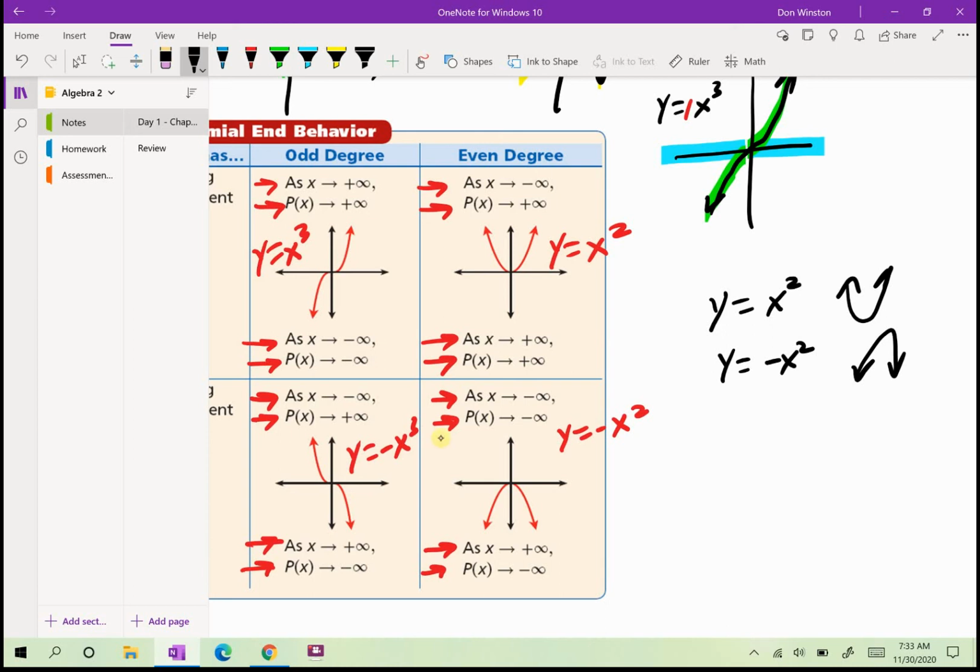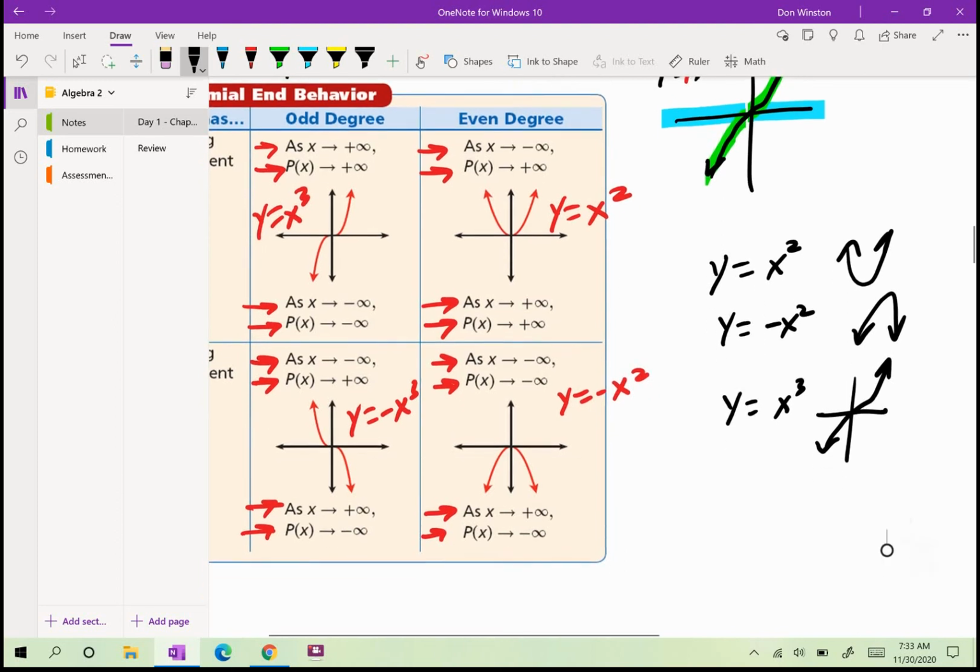Okay? And then the cubics. Y is equal to x cubed. Know what it looks like. Okay, as x goes to positive infinity, y goes to positive infinity. As x goes to negative infinity, y goes to negative infinity. And then if we had a negative leading coefficient, as x goes to negative infinity, y goes to positive infinity. And as x goes to positive infinity, y goes to negative infinity.